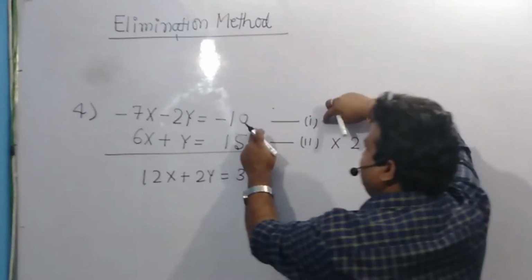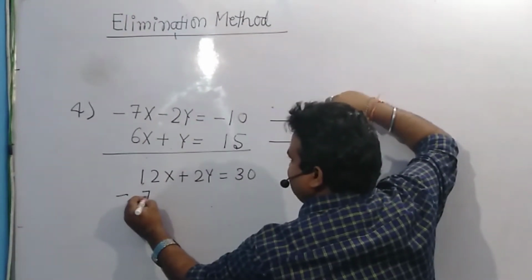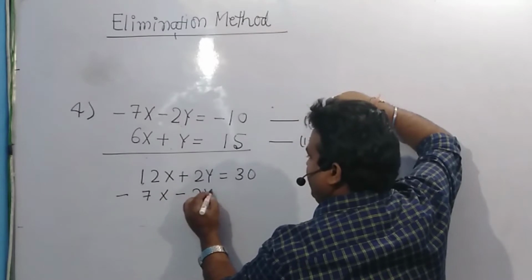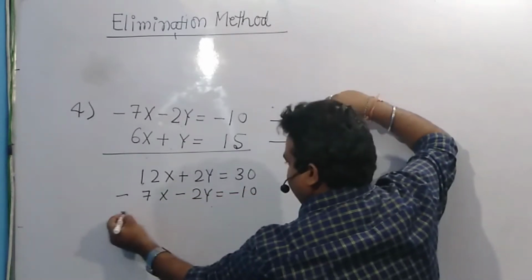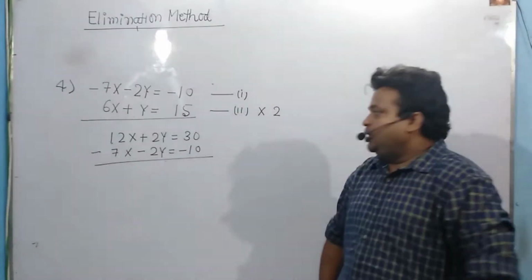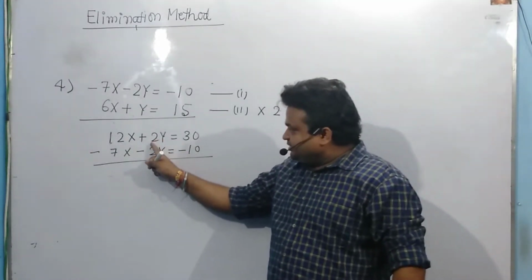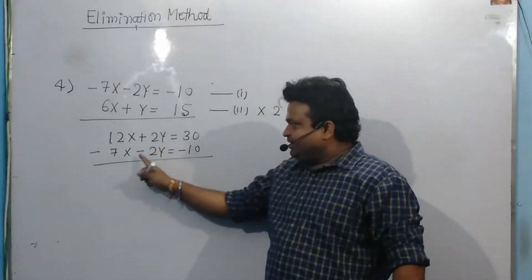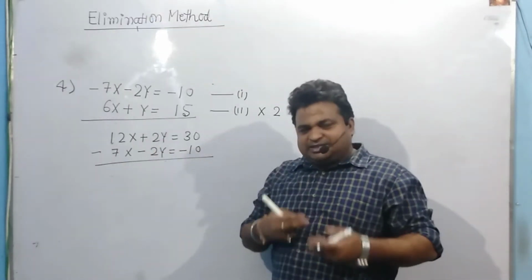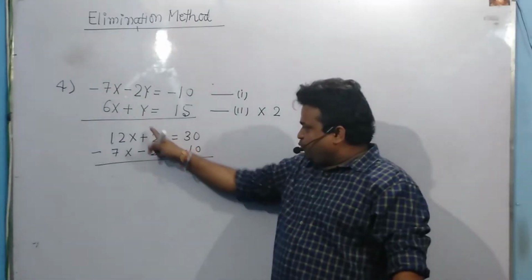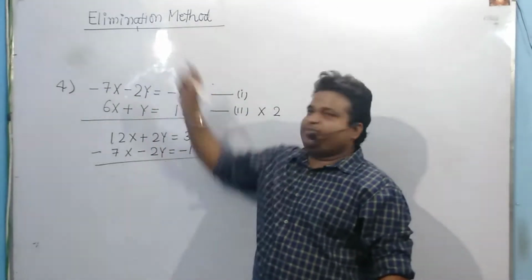And the first equation is -7x - 2y = -10. Now here we have +2y and -2y, so by simple addition, the y variable is eliminated from the equation.